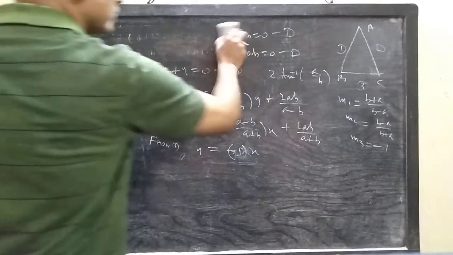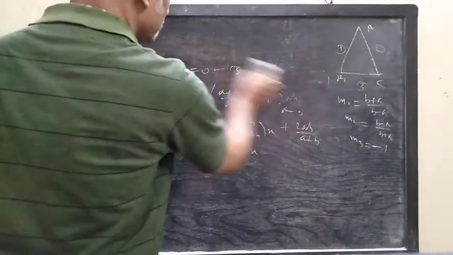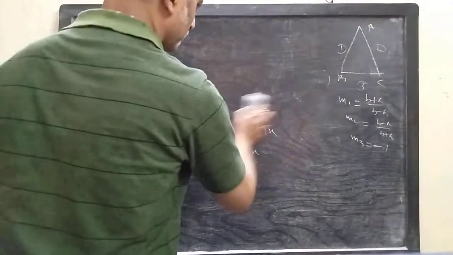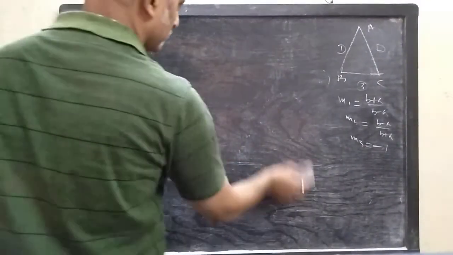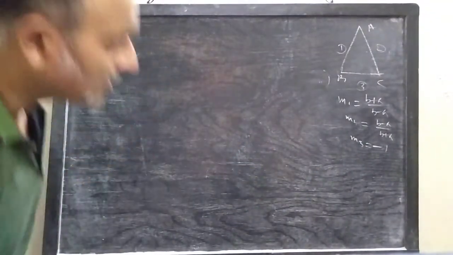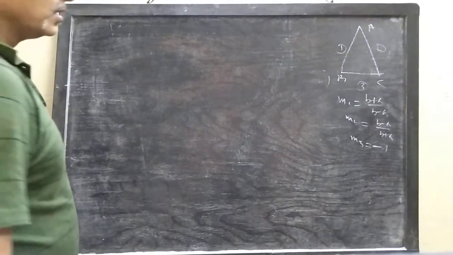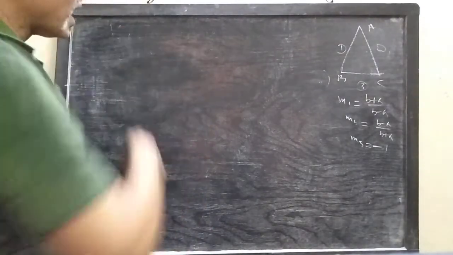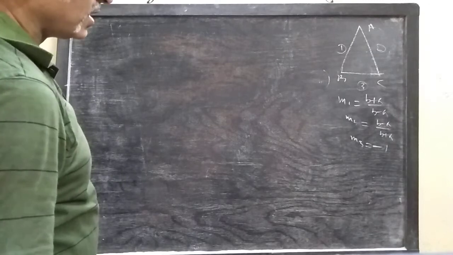Now, I am erasing this. Let alpha be the angle between the lines 1 and 2.